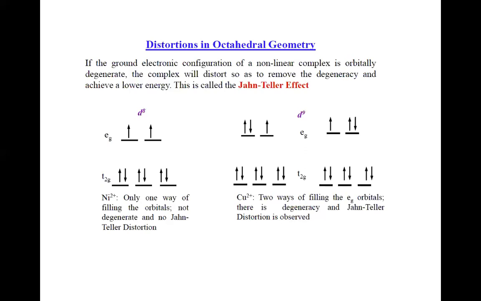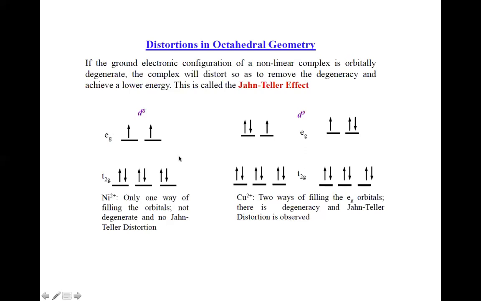If both the eg and t2g sets of orbitals involving a metal complex are symmetric, then we are not going to observe any kind of Jahn-Teller distortion in that complex. t2g means a set of orbitals comprising dxy, dyz, and dzx, which I have already mentioned in my earlier classes.